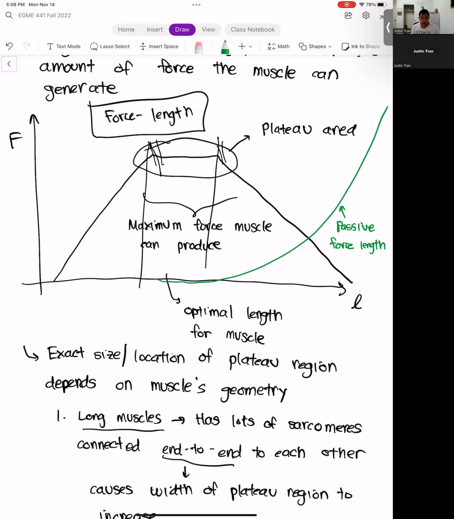And so the total amount of force that the muscle can exert is actually a sum of these two together. If you add up these two curves, you're going to get a combined curve like that. In purple, that combined curve is the combined amount of force that the muscle can generate from both its active and passive components.